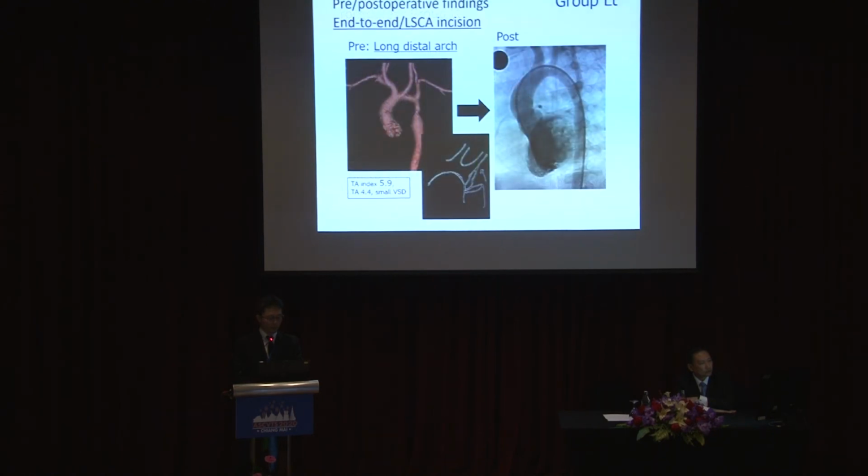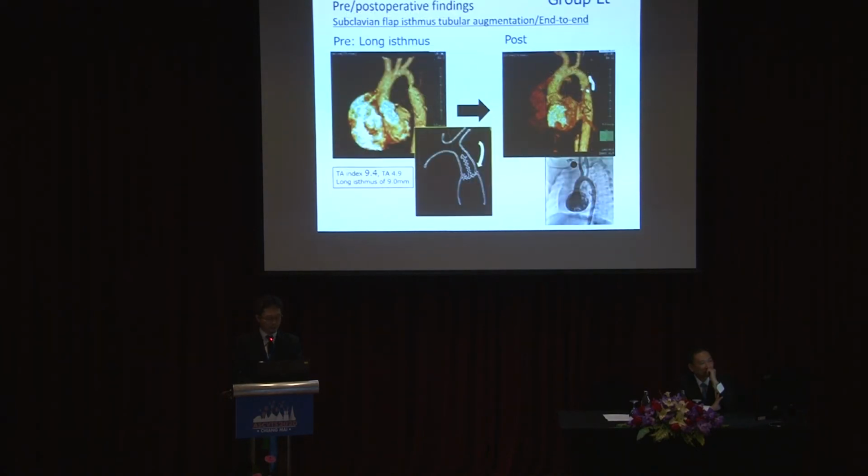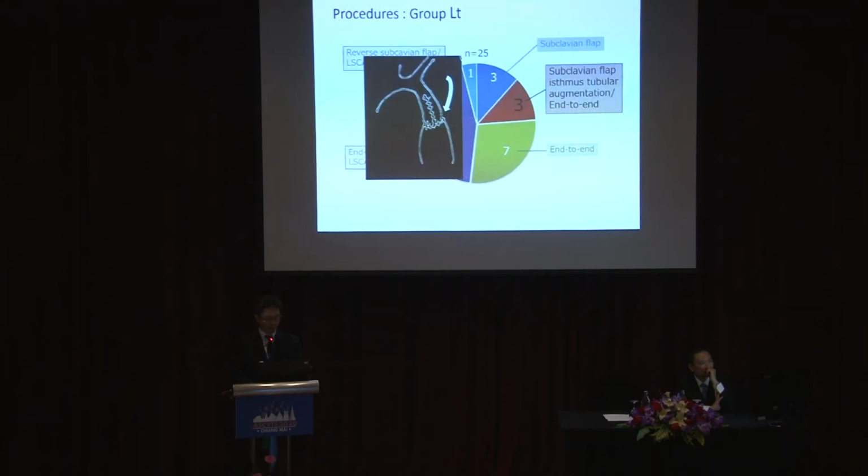This shows post-operative angiography. You can see the smooth minor curvature of the distal arch. Next, this shows our unique procedure. After subclavian flap isthmus tubular augmentation, end-to-end anastomosis was made.